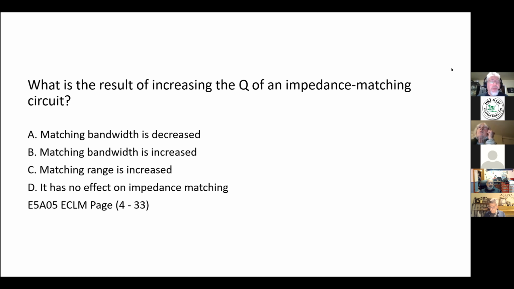B, matching bandwidth is increased. C, matching range is increased. Or D, it has no effect on impedance matching? A. A is correct. The matching bandwidth is decreased.